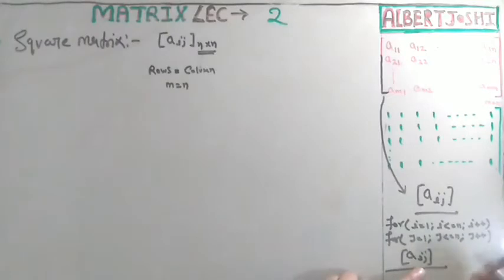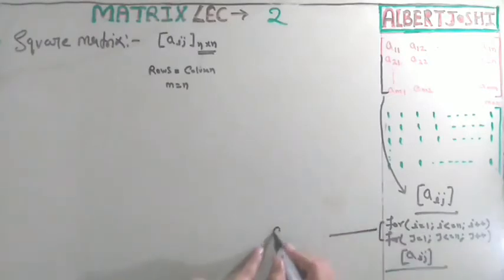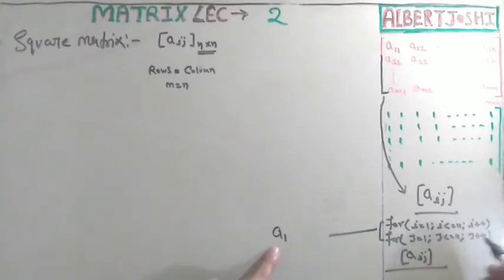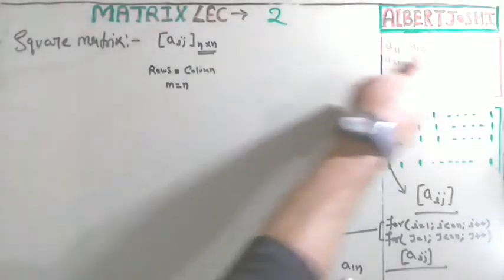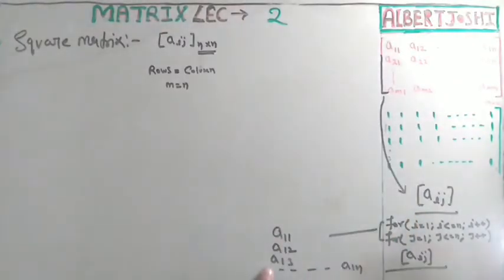Then j is equal to 1, 2, 3, 4 and so on. Its meaning is this: at first i is equal to 1, then j is equal to 1 to n. So at first j is equal to 1, then j is equal to 2, then j is equal to 3, up to j is equal to n. So this is the first row, it has come here. For the next line you will use slash n.